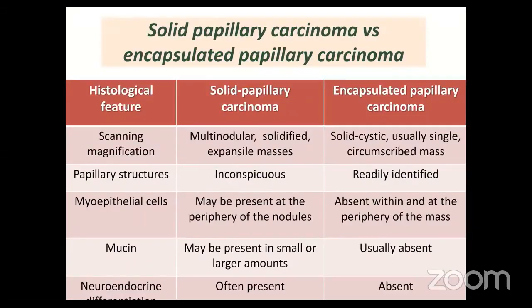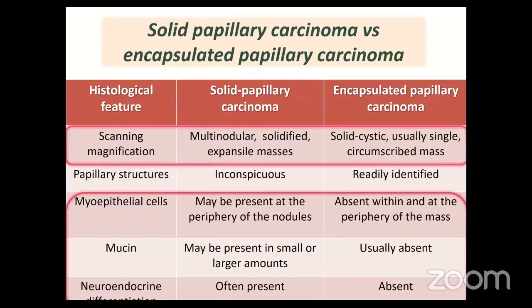When comparing the solid papillary carcinoma with the encapsulated papillary carcinoma, these are the key differences. The solid papillary carcinoma is observed as multinodular solidified expansile masses, whereas the encapsulated papillary carcinoma tends to be a single circumscribed tumor.